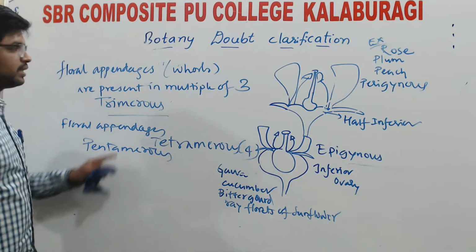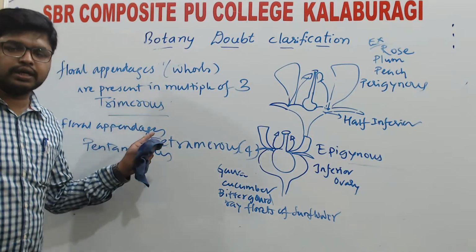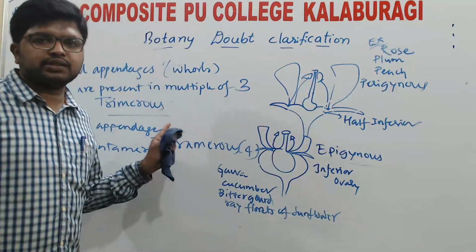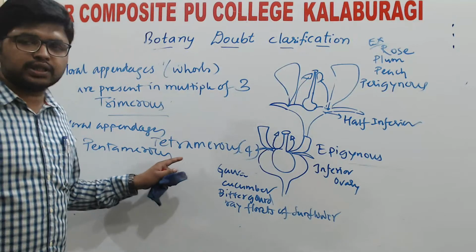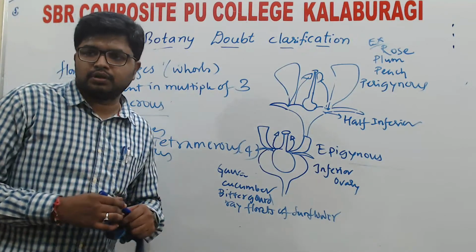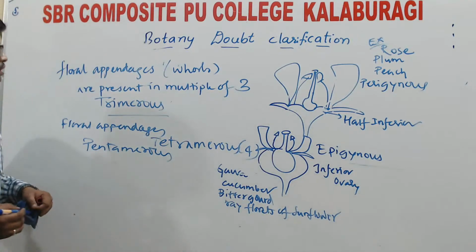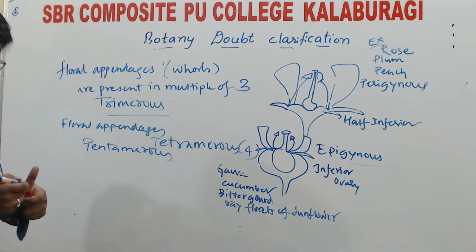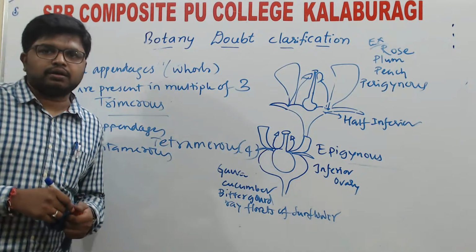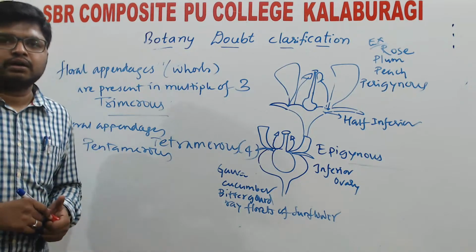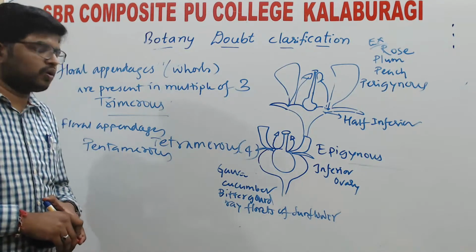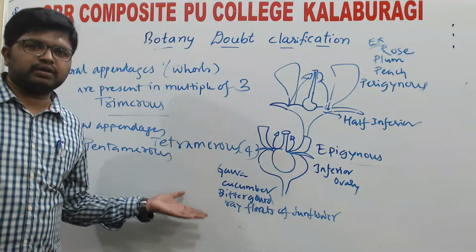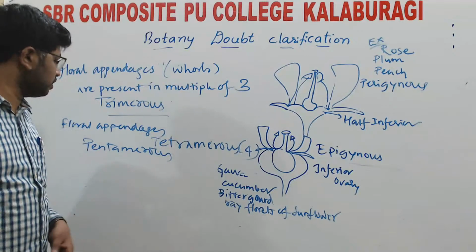I said the characteristic feature of monocotyledons is that they have trimerous flowers, whereas pentamerous flowers are generally observed in dicotyledons. Example for trimerous, you can consider monocotyledons like onion, Allium cepa, whereas all the dicotyledons, like mango, are pentamerous.